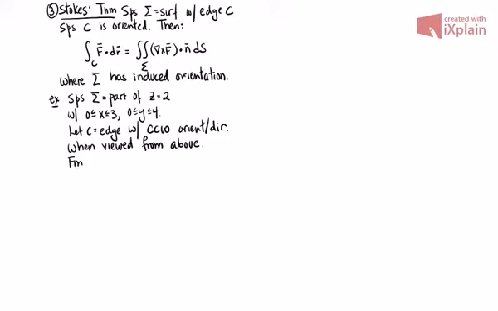What we're going to do is find the integral over C of the vector field x squared z i plus xy j plus yz k, dot dr. So here's a picture.